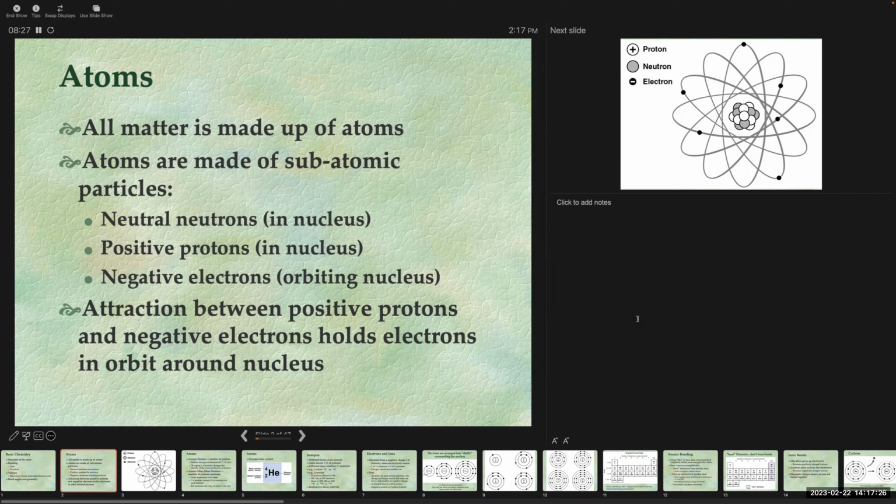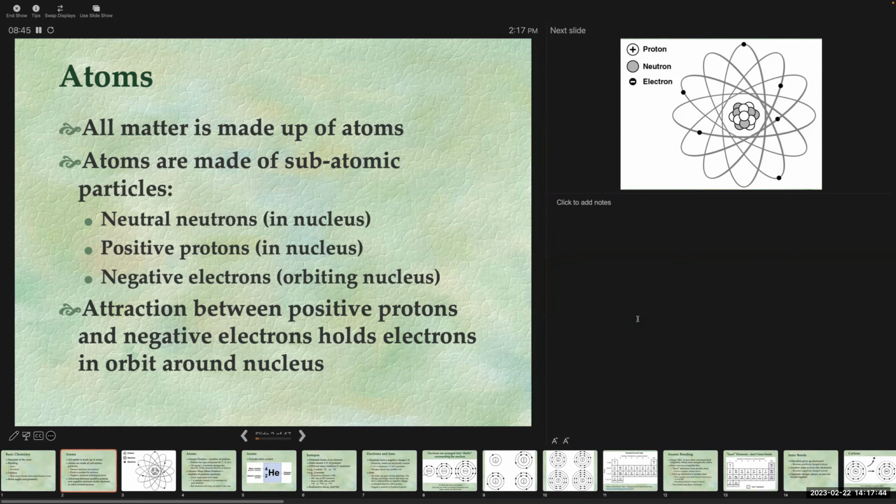But the idea really took off in the early 1800s. John Dalton proposed his theory of the atom, and he was the first to really have some convincing evidence that this was true. And we never looked back after that.